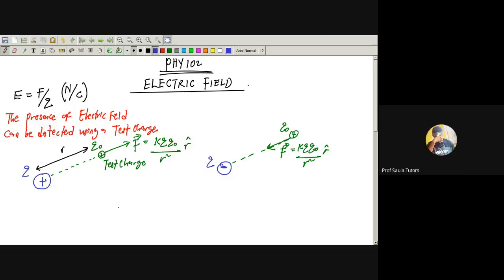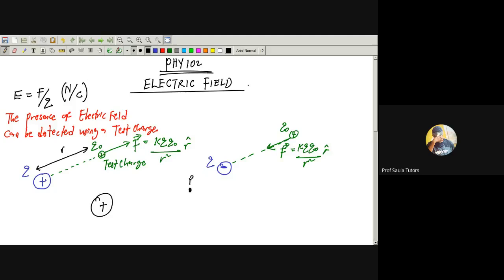For example, if you understand this particular point, let me assume this is a positive charge. I want to find the electric field created by this source charge at a point P here.